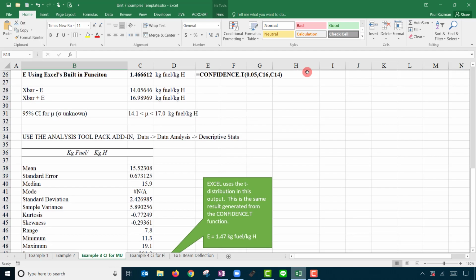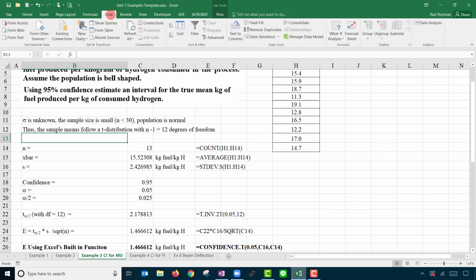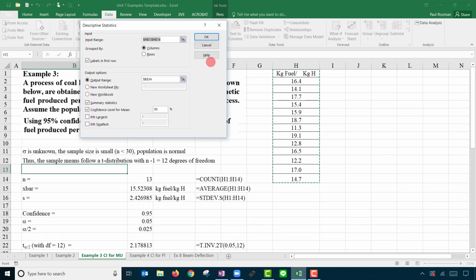Basically all I had to do was input this data, and then Excel outputs this chart. I guess I could show you where that is. Remember, it's under data, and then there was data analysis. You did have to do something to add it in. And then there are different choices under data analysis, and one of them is descriptive stats. And then the first box here, you input the values. So I went H1 to H14, and I highlighted the title.